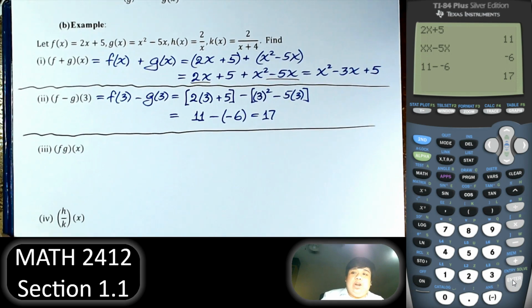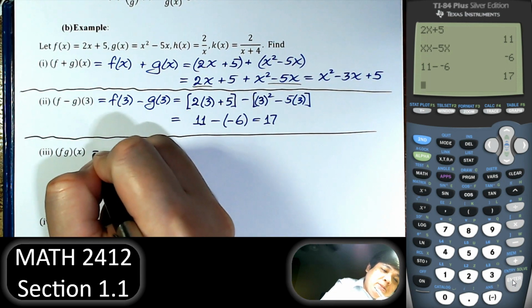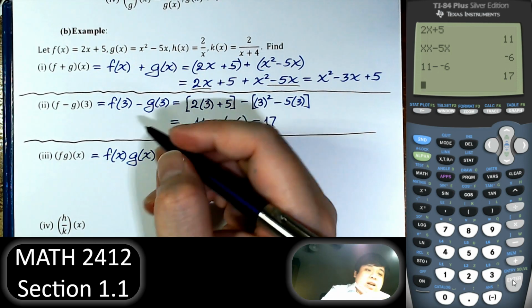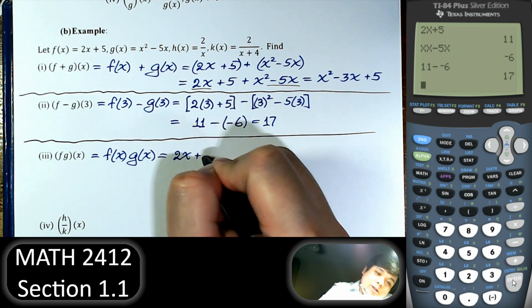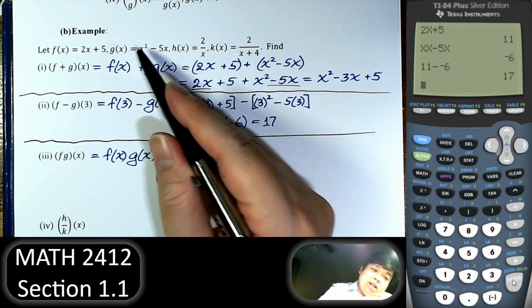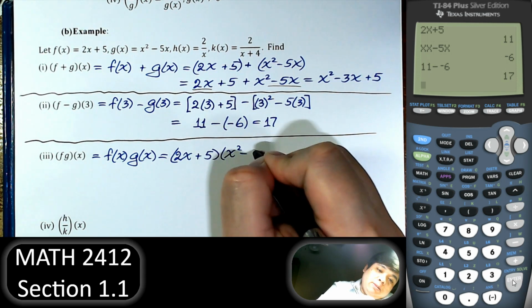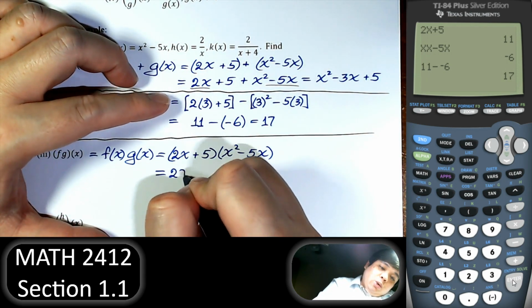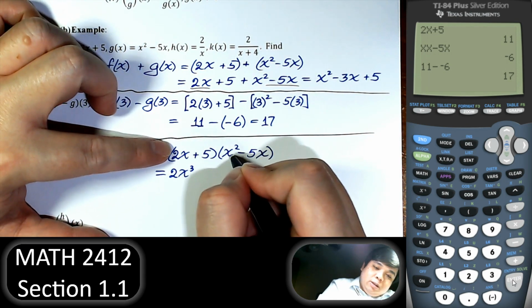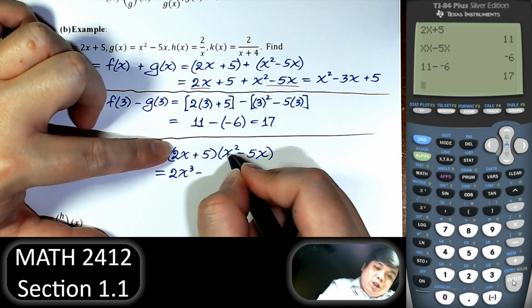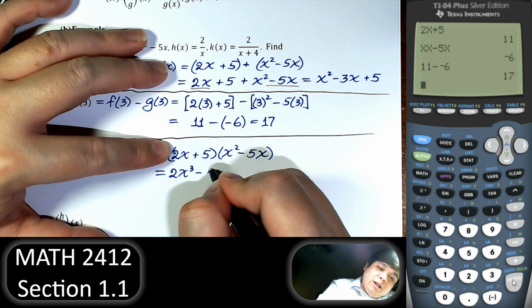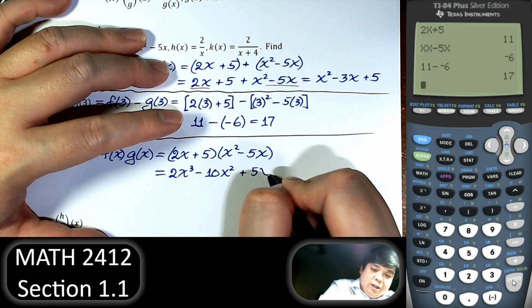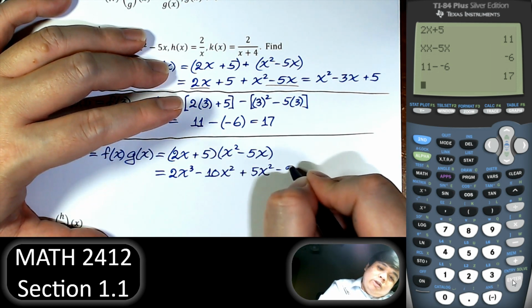Now f times g of x, that means we just multiply them. F of x times g of x. F of x is 2x plus 5. G of x is x squared minus 5x. Now multiply it out: 2x times x squared is 2x cubed, and 2x cubed times this will be minus 10x squared, plus 5x squared minus 25x.